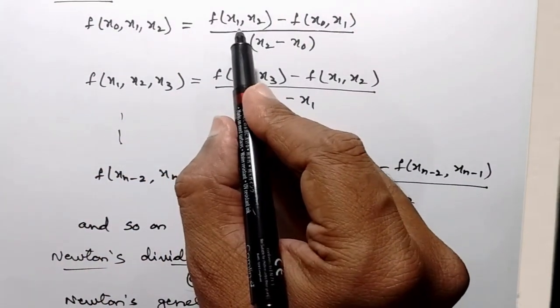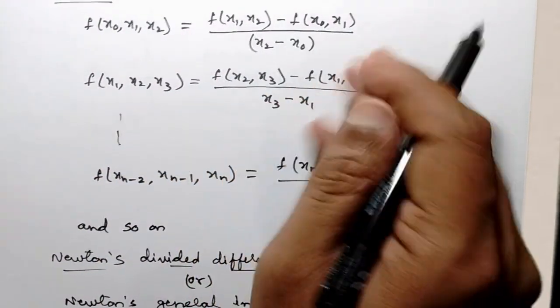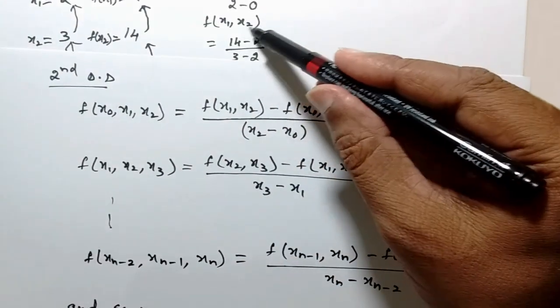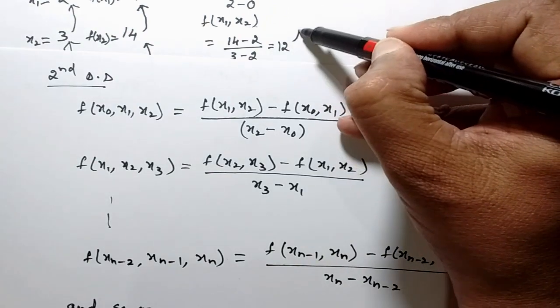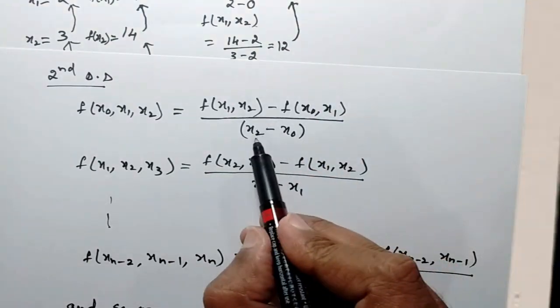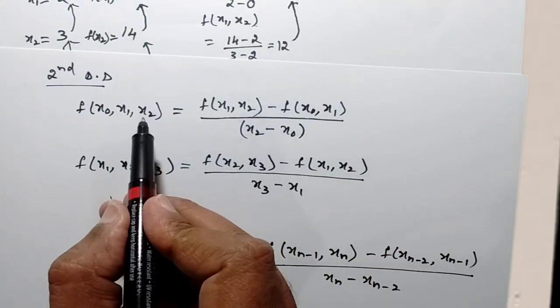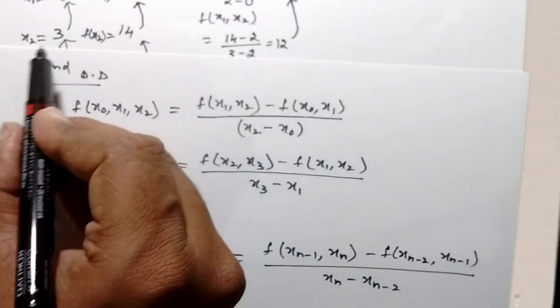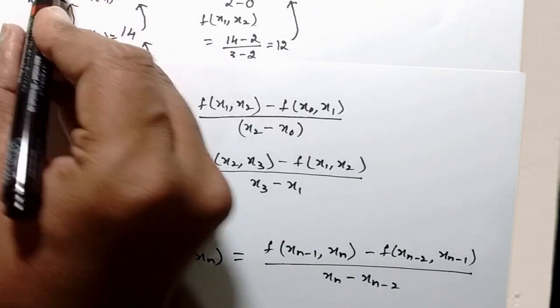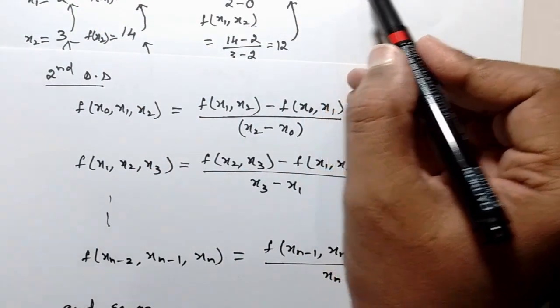F of x1, x2 minus f of x0, x1, right? So that means this difference, divided by x2 minus x0. That is the final value minus the initial value. x2 value here is 3 minus x0 will be 0.